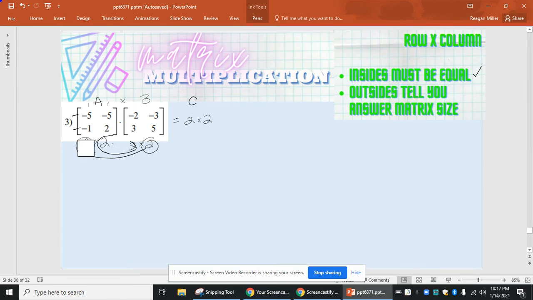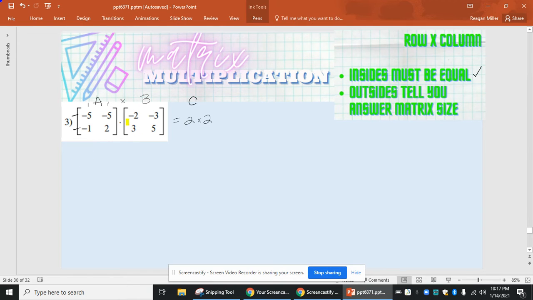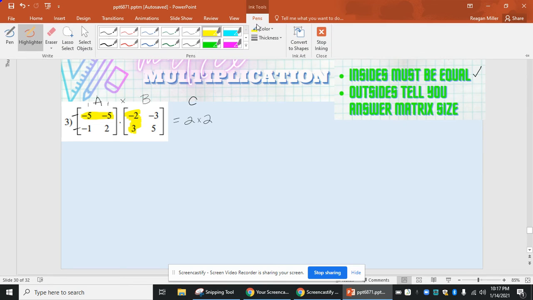So what I'm going to do is go over how to multiply them. We're going to take our first row in the first matrix, and we're going to multiply that by the first column in the second matrix, and then we're going to add those numbers.